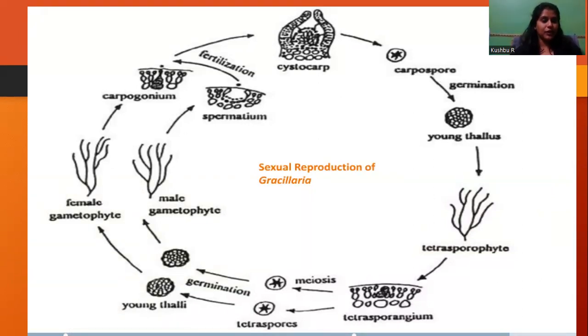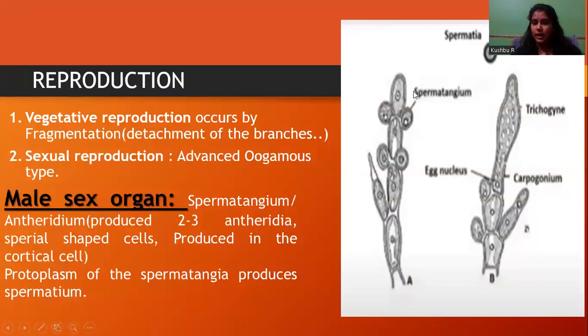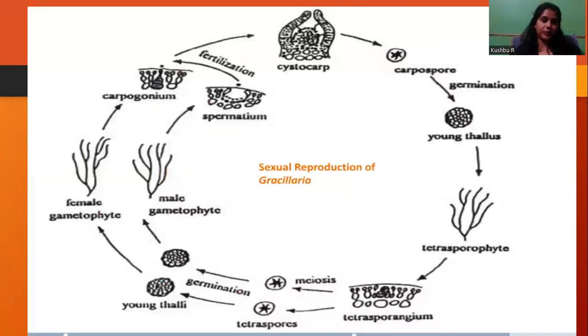The male gametophyte will give rise to the spermatangium as we studied in the previous slide. Now together, spermatia will go and fertilize the egg that is present in the trichophore. As we saw here, the spermatangium produces spermatia and it helps to fertilize the egg present in the trichophore, thereby producing a diploid zygote.